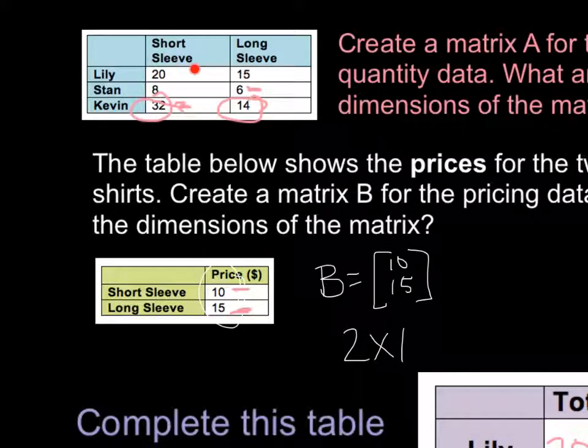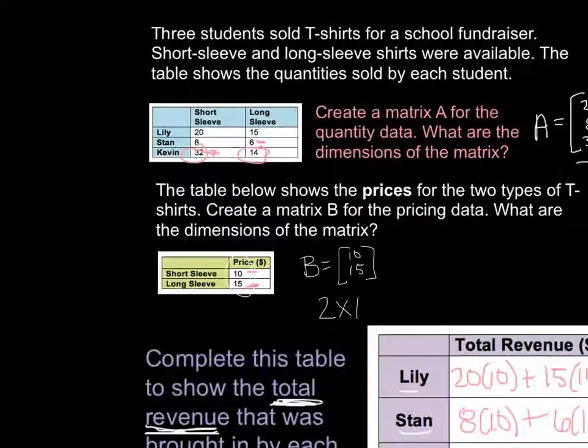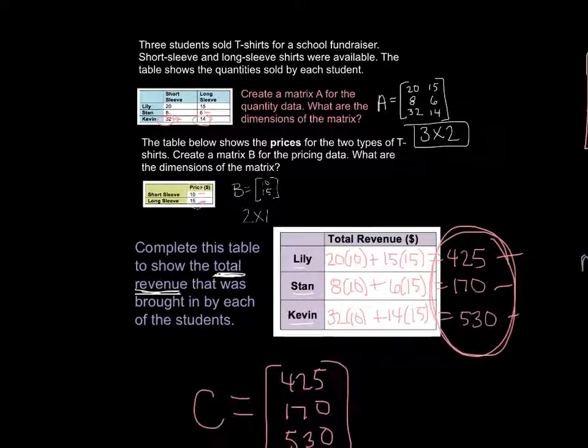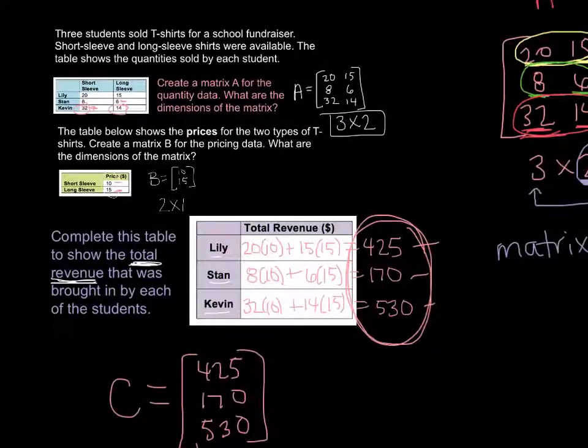Okay, so to find that answer, 20 short sleeve shirts, we have to multiply by the $10. 15 long sleeve shirts, we have to multiply by 15. So you can see why this works in a real world situation. We can figure out total revenue, or even other examples. We can just figure out how to multiply our matrices.